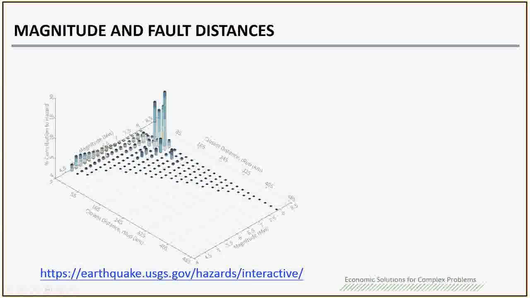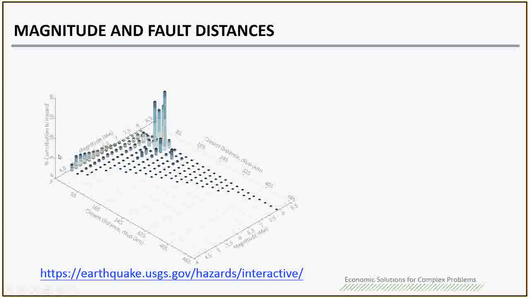The other is probably a much bigger fault, but further from the project site, at least 85 kilometers away. The local fault generates a small earthquake, magnitude about 5 to 6, and the big fault generates a much bigger earthquake, magnitude 7.5 to 8. Each bin in this figure represents the contribution to the overall seismic response in percentage.